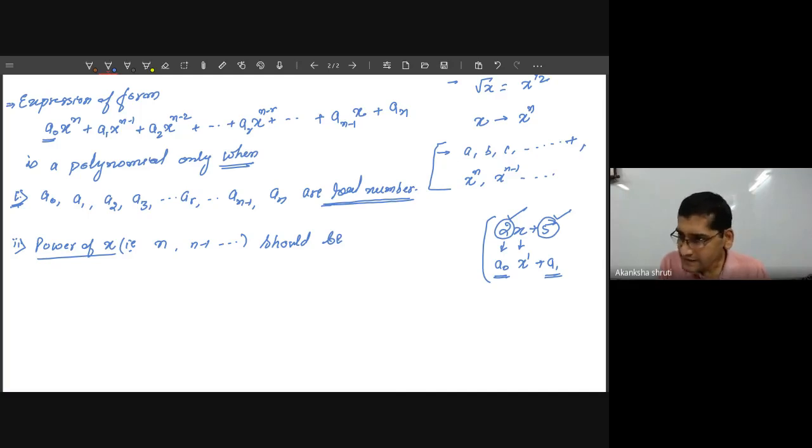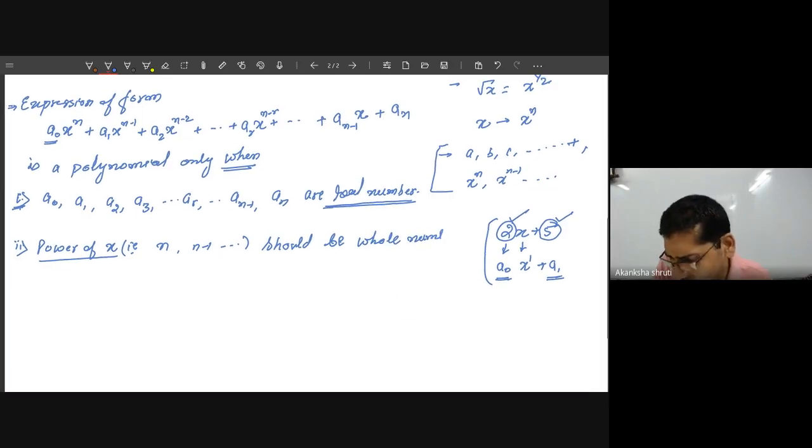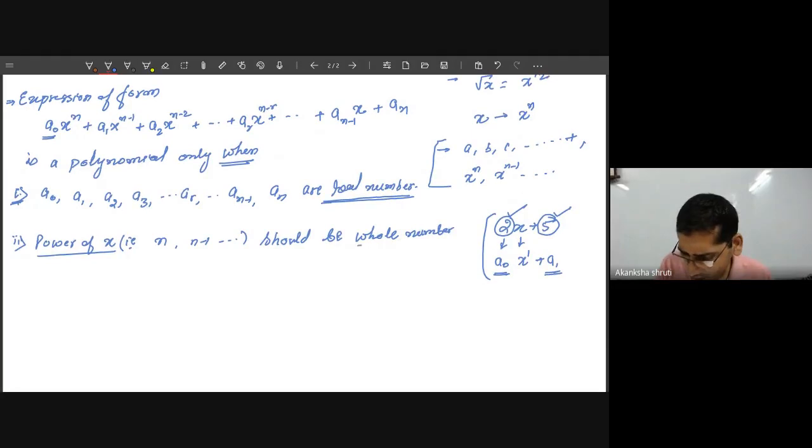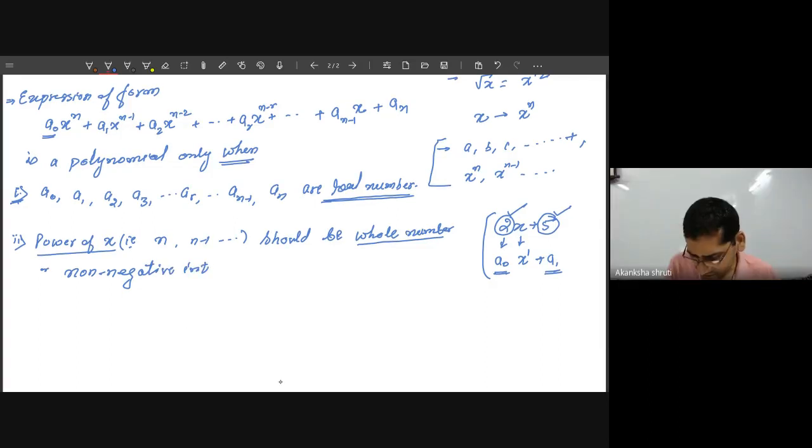We can call this a whole number. It should be a whole number. This whole number is also written as a non-negative integer. Student, let us see what we mean by this.